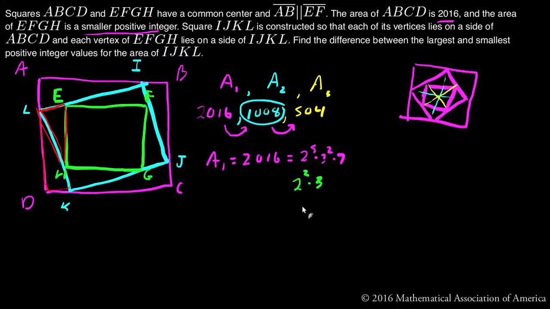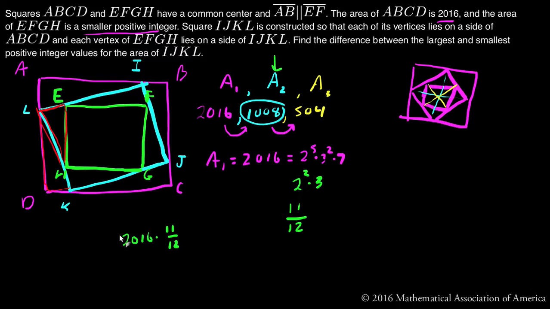But I want to have the largest one possible, so 2 squared times 3 is 12. And the largest integer I can bring in there is 11. That's the next largest integer less than 12. So I can do 2016 times 11 over 12, and that's going to give me my middle, IJKL, value.